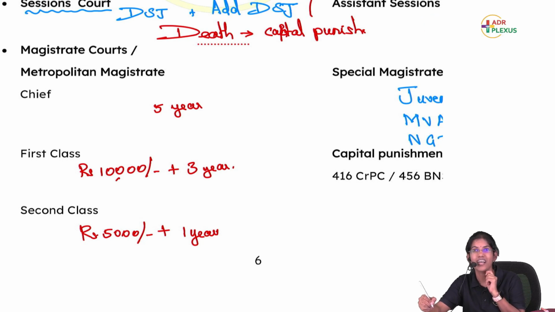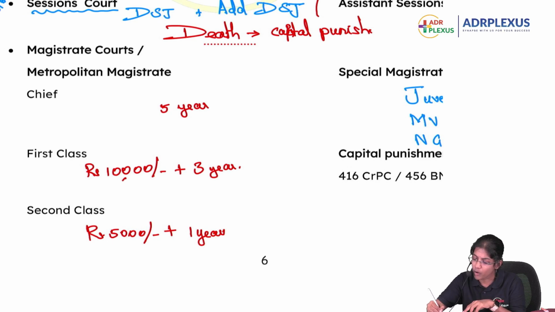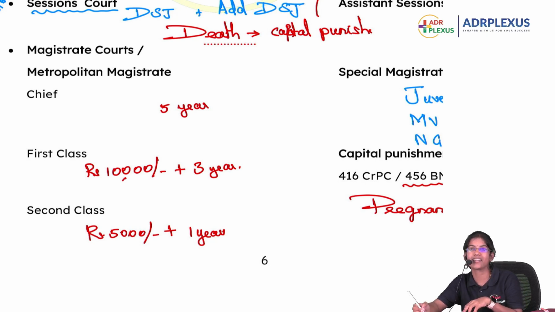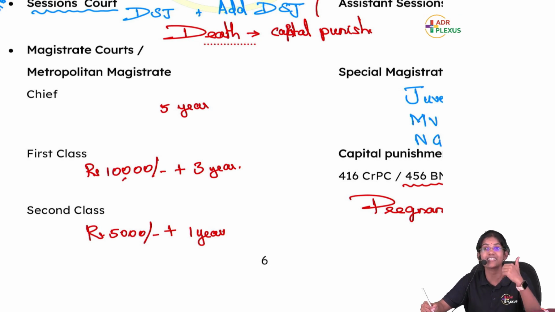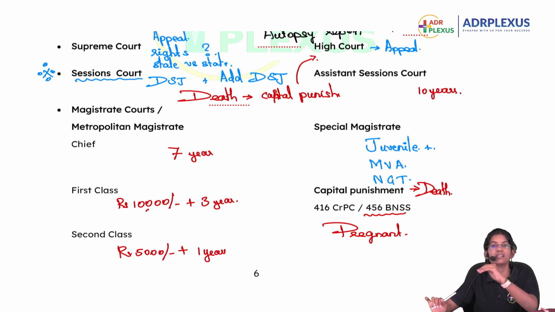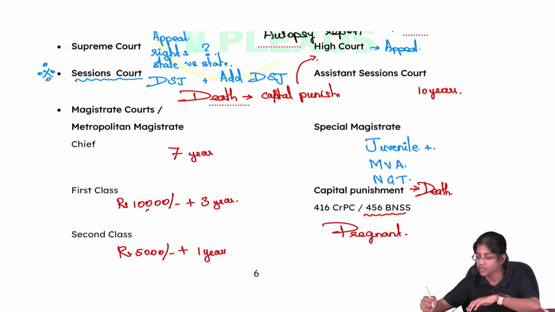Section 416 CrPC, which is now Section 456 BNSS, says when the person is pregnant, the death sentence has to be delayed. So this is how the punishments are given.